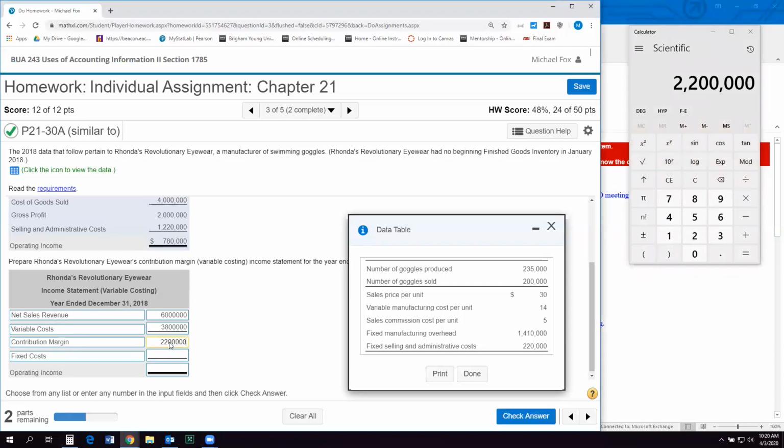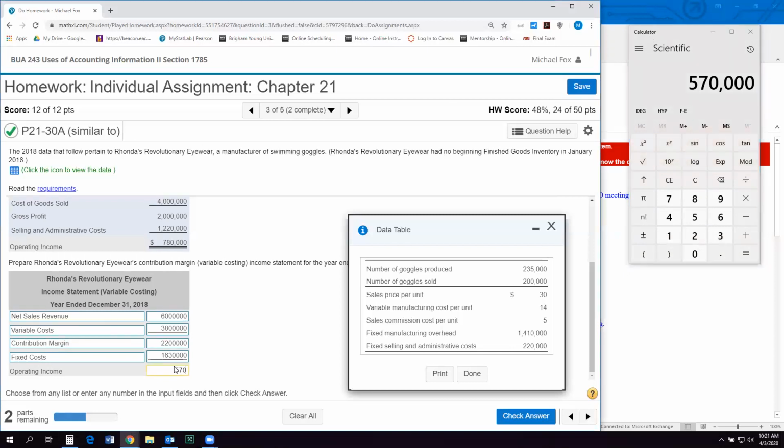And then my fixed costs are just the fixed manufacturing overhead plus the fixed selling and administrative costs. So 1,630,000. All right, and then 2,200,000 minus 1,630,000 gives me an operating income of 570,000.